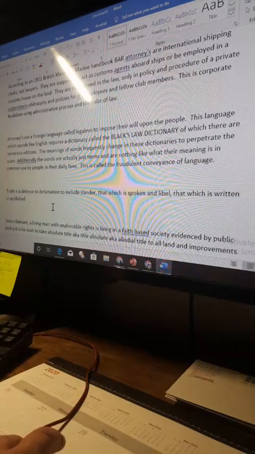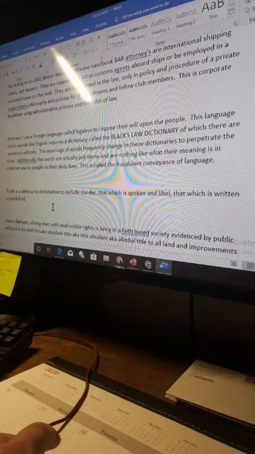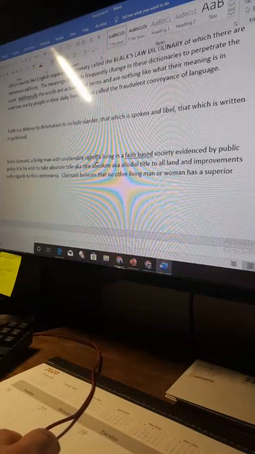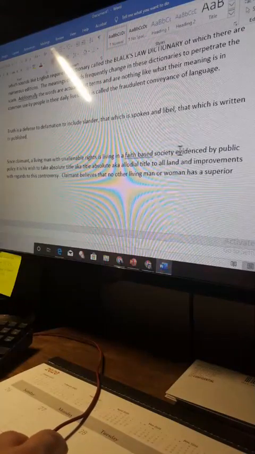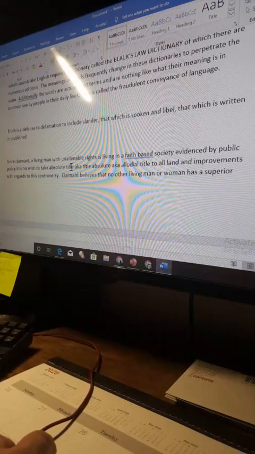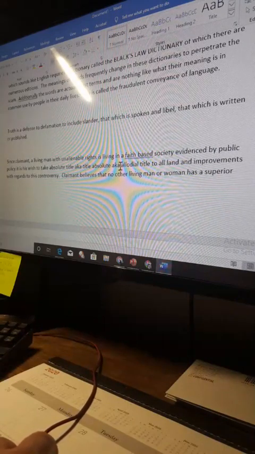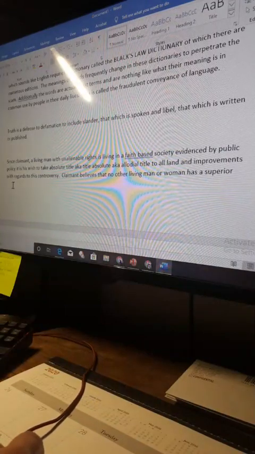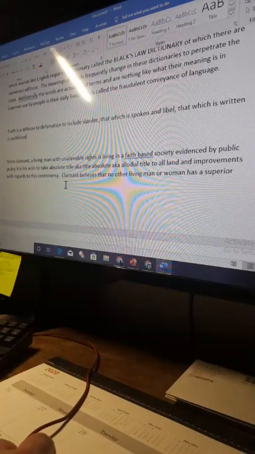Truth is a defense to defamation, to include slander, that which is spoken, and libel, that which is written or published. Since claimant, a living man with unalienable rights, is living in a faith-based society evidenced by public policy, it is his wish to take absolute title, aka title absolute, aka allodial title, to all land and improvements with regards to this controversy.